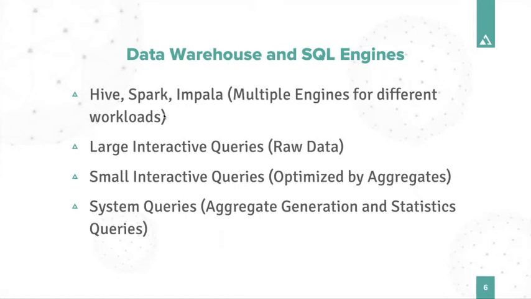Then the other classification is the small interactive queries. Small interactive queries are queries which AtScale serves from the aggregates. These are very highly optimized queries which can be served from the existing aggregate tables AtScale has created, and they don't have to go back to the base tables. System queries are queries such as the aggregate generation queries and statistics queries. AtScale is generating aggregates based on user patterns and the ML and AI engine built in, right?